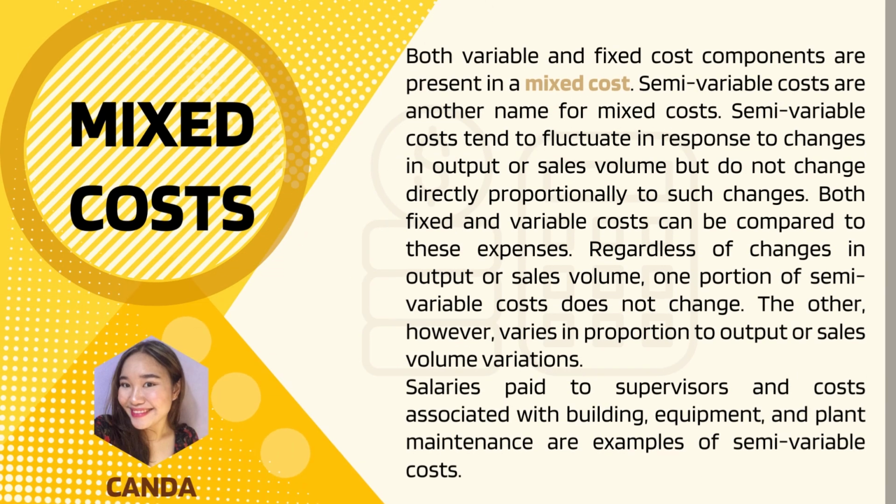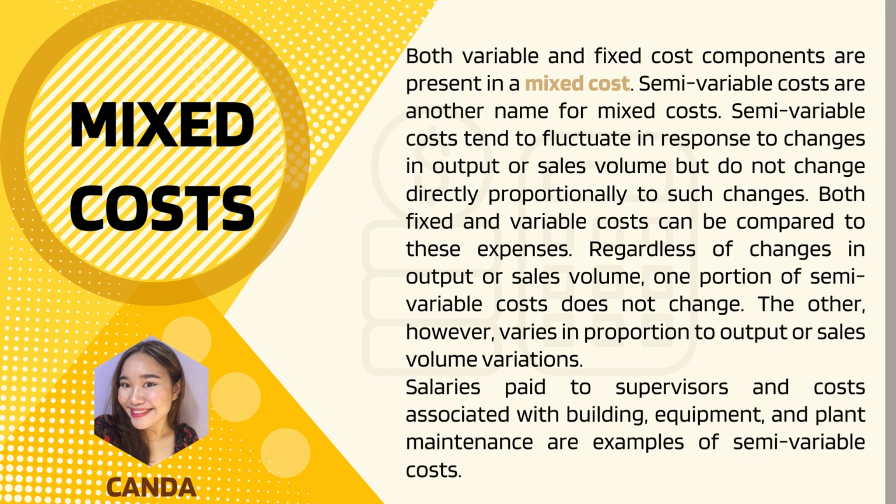Mixed cost. A mixed cost contains both variable and fixed cost elements. Semi-variable costs are another name for mixed costs. Semi-variable costs tend to fluctuate in response to changes in output or sales volume but do not change directly proportionally to such changes. Both fixed and variable costs can be compared to these expenses.